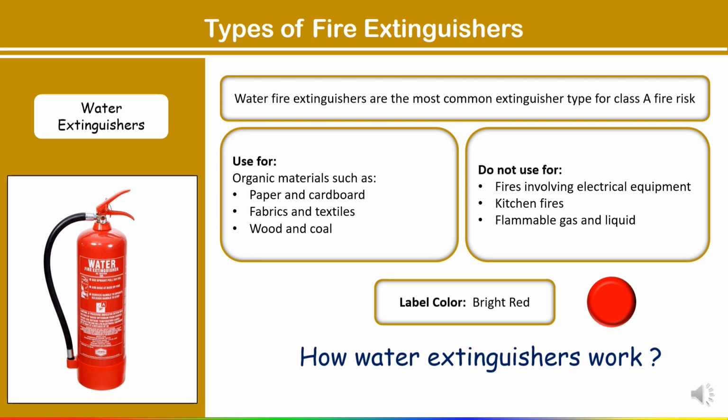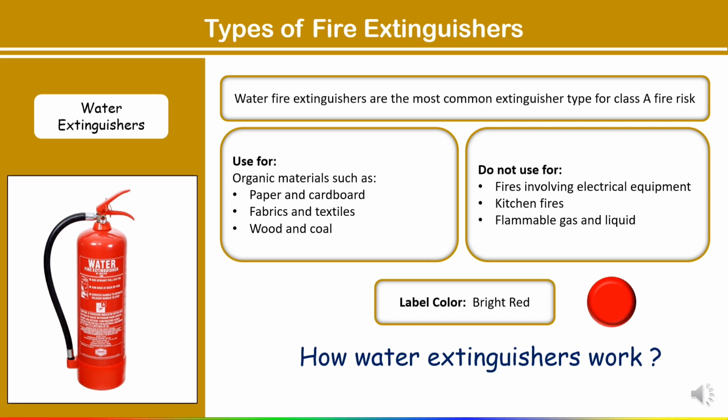Now the question is how the water fire extinguisher works. Simply, when the extinguisher handle is pressed, water stored under pressure is released through the nozzle. The water stream is directed at the base of the flame to ensure the fuel source is fully covered and cooled. The water absorbs heat from the burning material, lowering its temperature below the ignition point, which prevents it from producing flammable vapor.